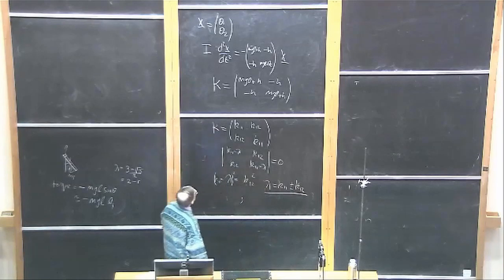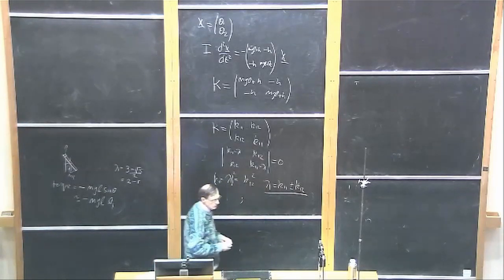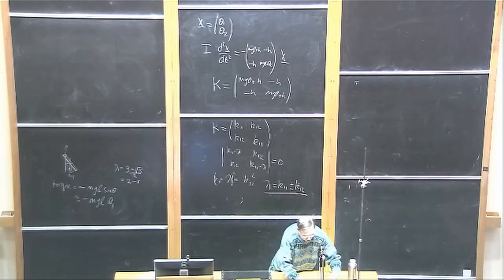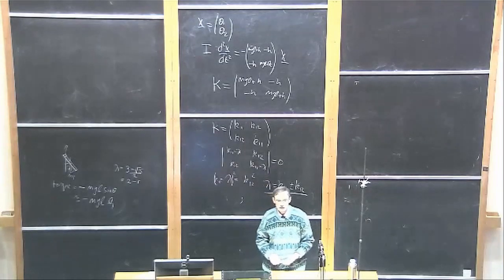So in this case it's mgl, which is that mode where the coupling spring isn't doing anything.